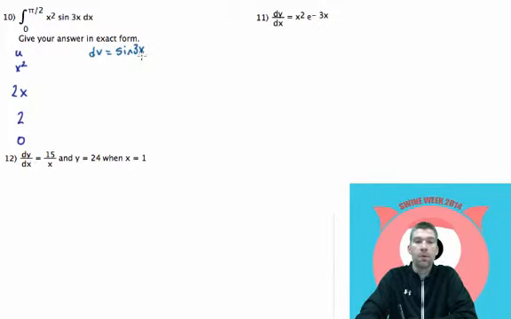And remember, when you integrate sine of 3x, whatever's inside here, if it's just a 3x like this, you're going to multiply by the reciprocal of the constant, the reciprocal of the coefficient. So if this is dv, that would be sine 3x.